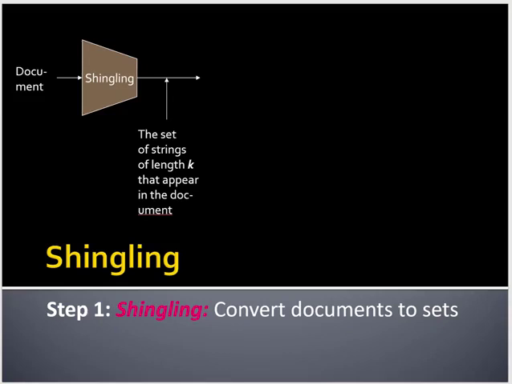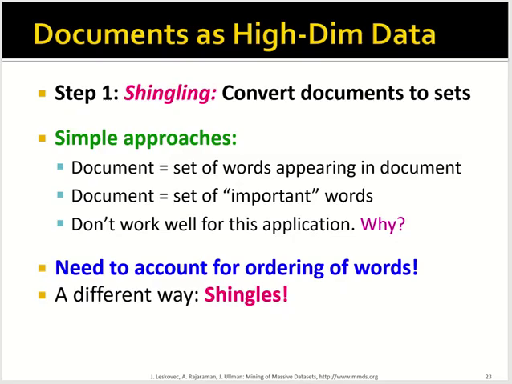Now the first one. The task of shingling is to convert documents into individual sets. As we know, the most effective way to represent documents as sets, for the purpose of identifying lexically similar documents, is to construct from the document the set of short strings that appear within it.